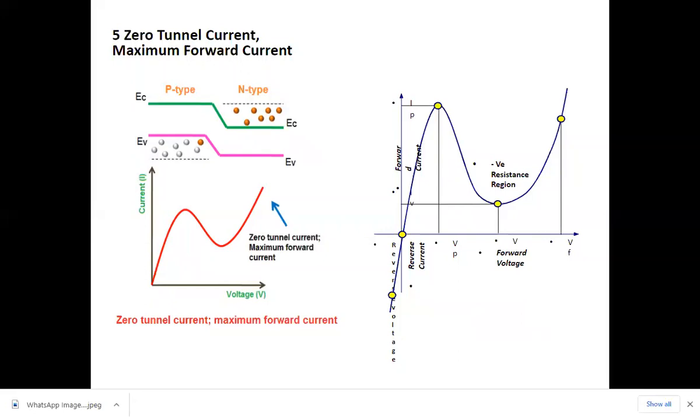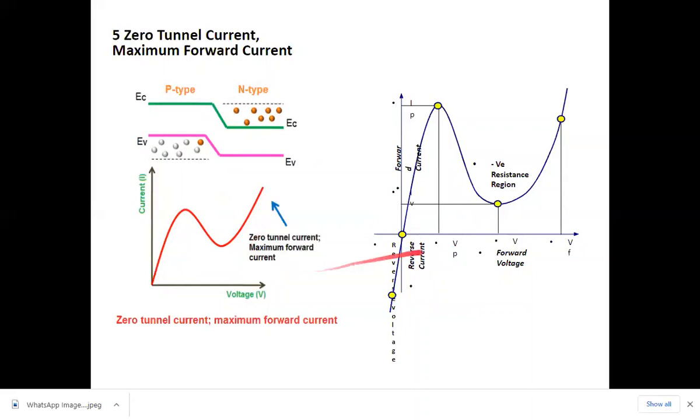In this case, when the applied voltage is largely increased, the tunneling current drops to minimum. If this applied voltage is greater than the built-in potential of the depletion layer, the regular forward current starts flowing through the tunnel diode.